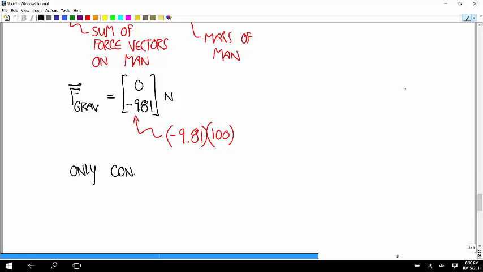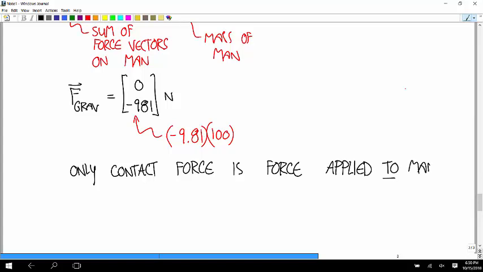So the only contact force is the force applied to the man by the scale. Any questions about that?